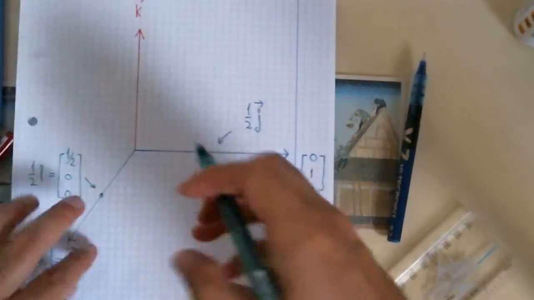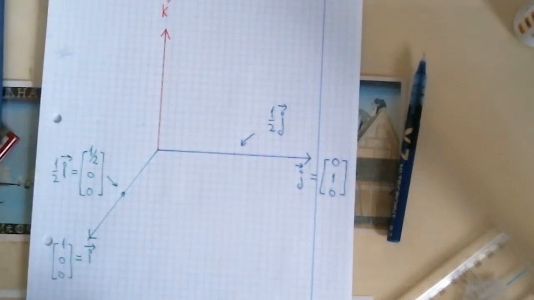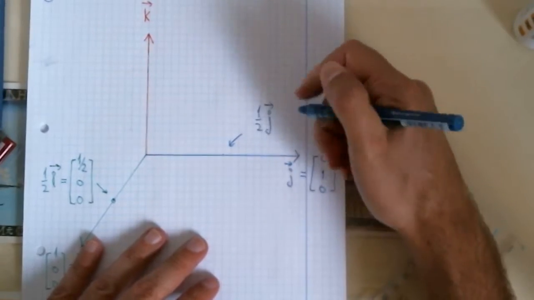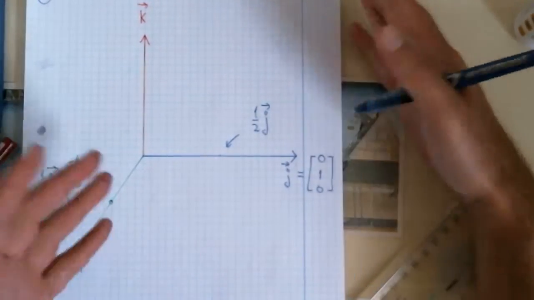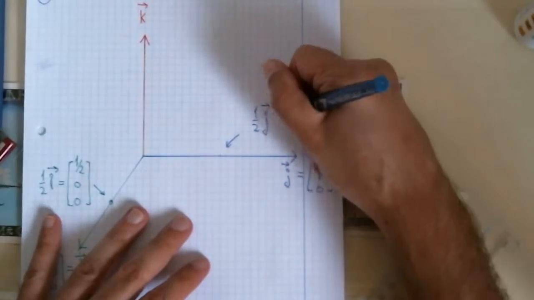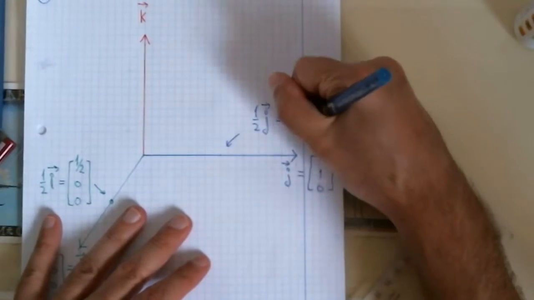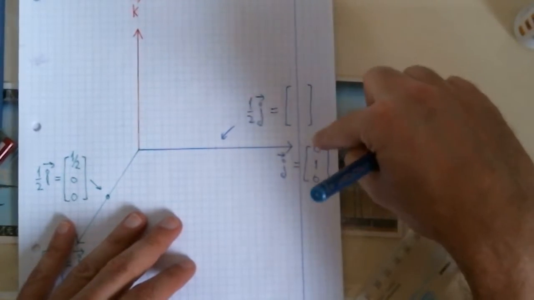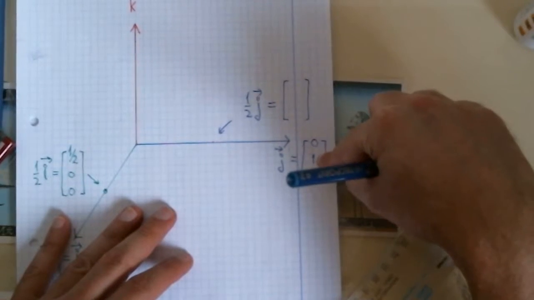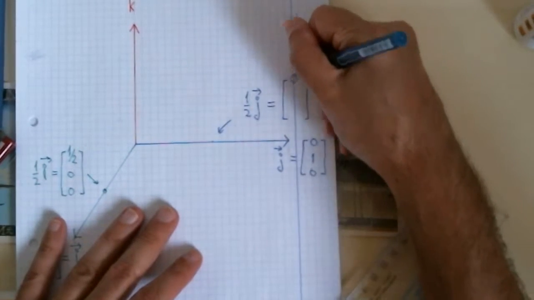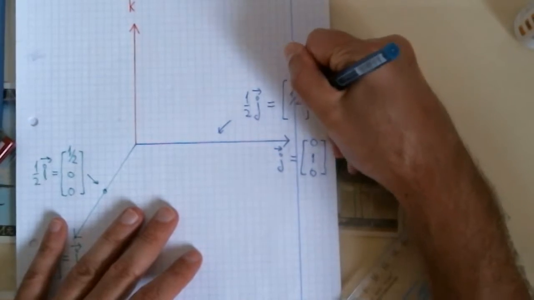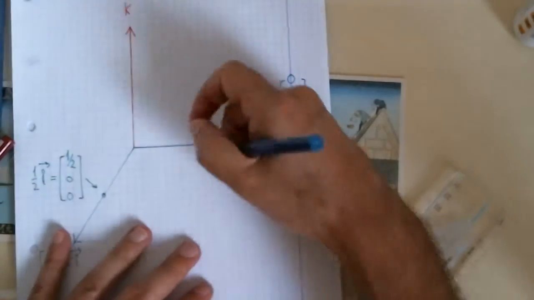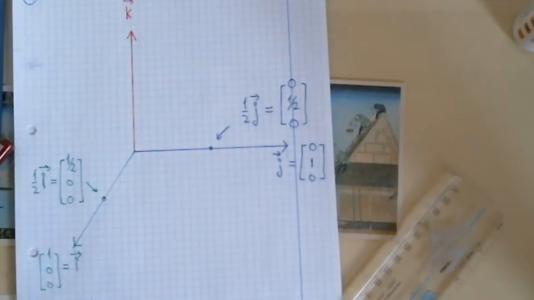Here I didn't write that I is a vector. Half of j, it's half times j, okay, 0.5 or half times j. So it equals 0, half, and 0. Okay, so let's show where it is.